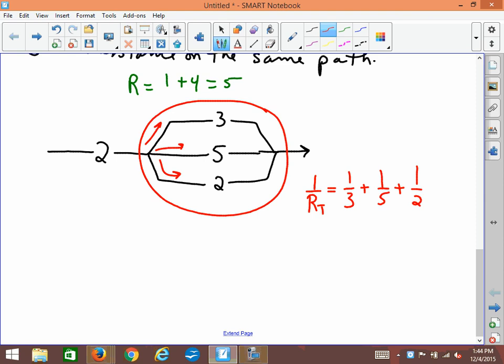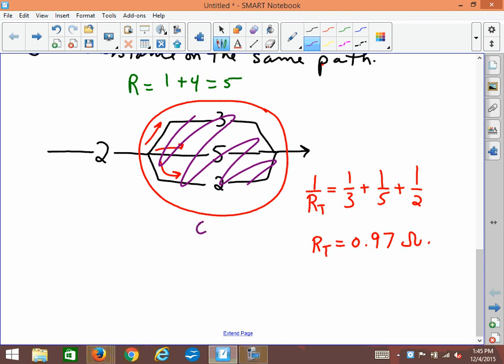You can press 3, 1 over, plus 5, 1 over, plus 2, 1 over, equals, and then press 1 over one more time, and what you get here is that RT equals 0.97 ohms. So that means that this whole section right here is really just the same as 0.97 ohms.